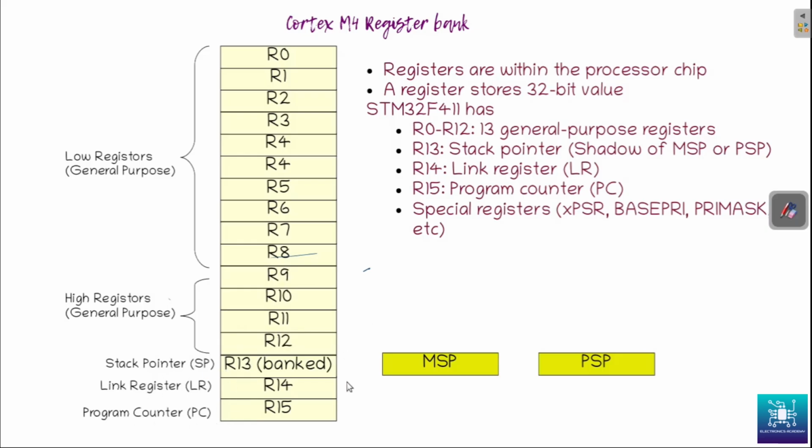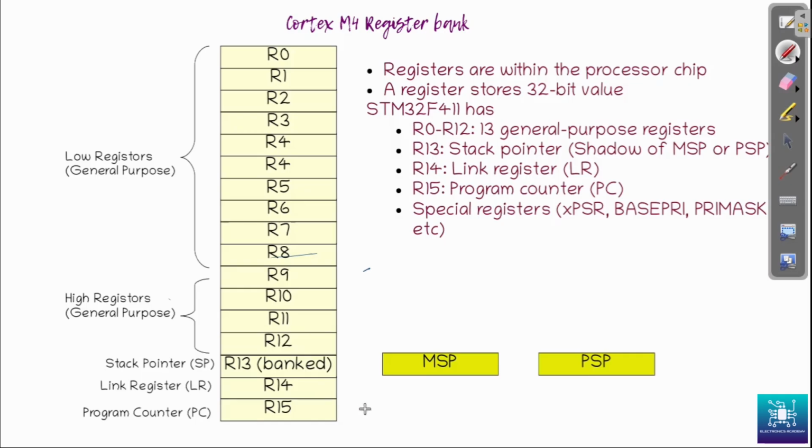Now, the link register holds the address of the program counter when there is a... So the program counter holds the address of the next instruction to be executed. We'll come to a slide where the program counter is shown in more detail.